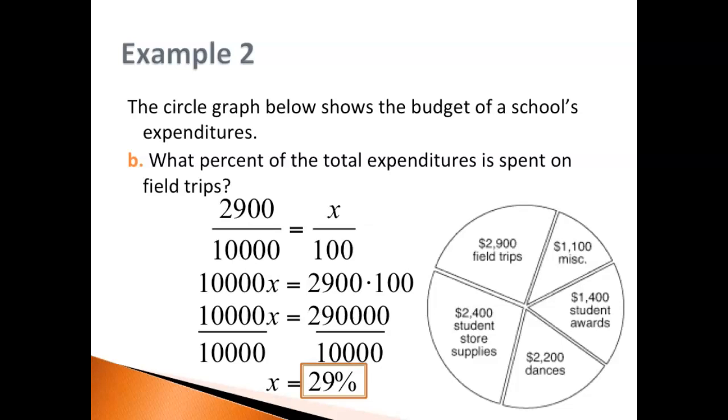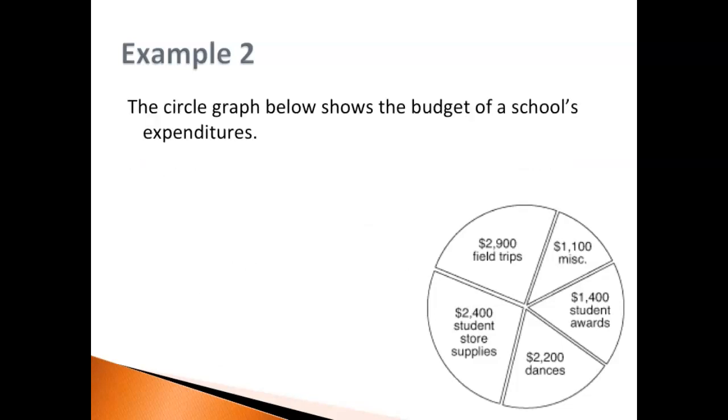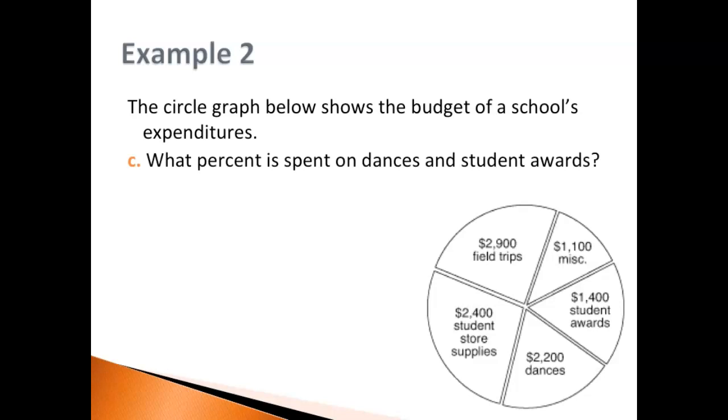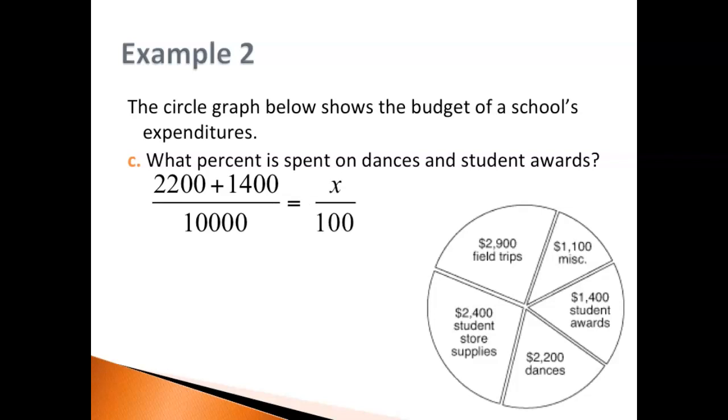All right, part C. What percent is spent on dances and student awards? So we want to add dances and student awards, so 2,200 plus 1,400, and then we'll put that over the total, which is 10,000. We're trying to find a percent, so we want to set this equal to x over 100. And now we can simplify and cross multiply. So this would be 3,600 over 10,000.